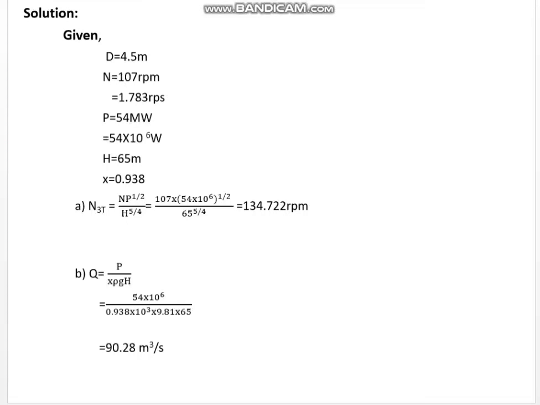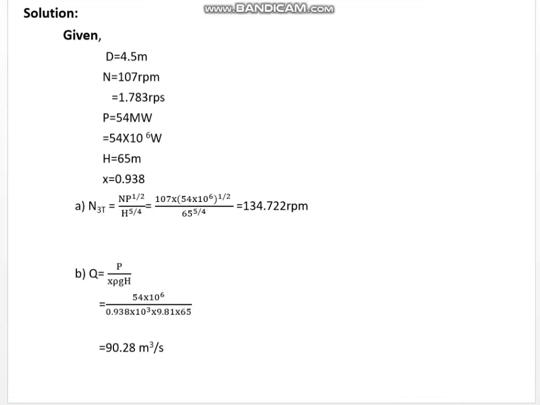For specific speed, the formula is N times P to the power half by H to the power 5 by 4, and by doing the calculation we get the specific speed 134.722 rpm.